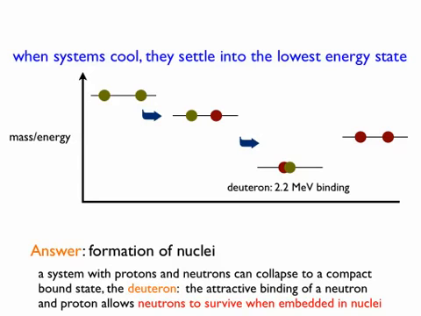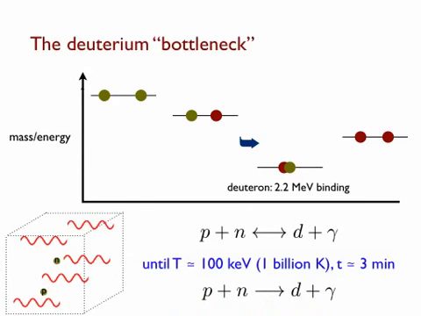So the answer to why the universe looks like it does is the formation of the first nucleus, deuterium. When a neutron binds with a proton, it is now energetically favorable for it to live. So bound neutrons don't decay. A neutron that's free will decay in about 10 minutes. This is what's known as the deuterium bottleneck.